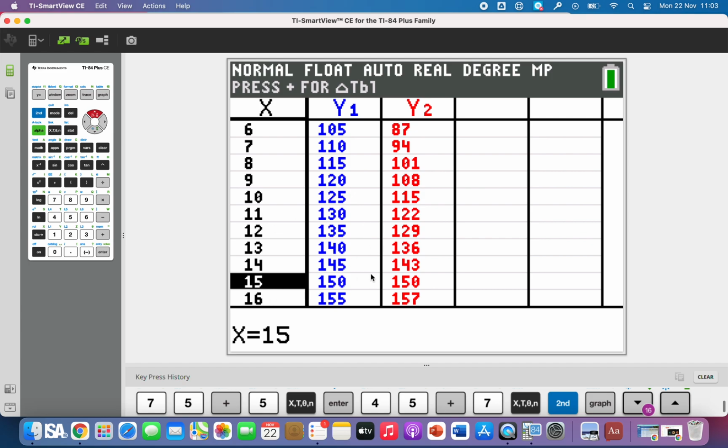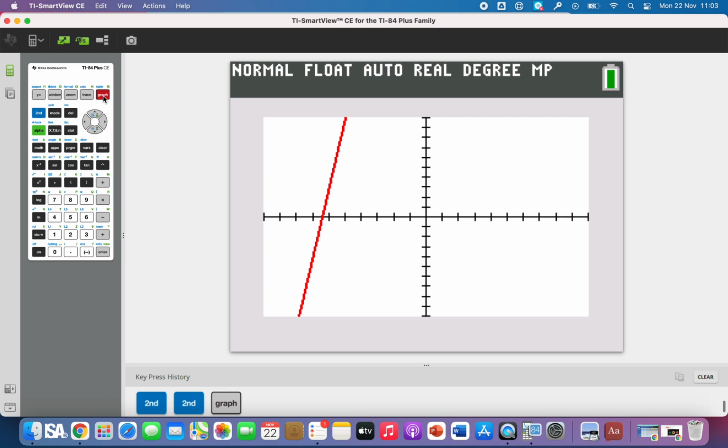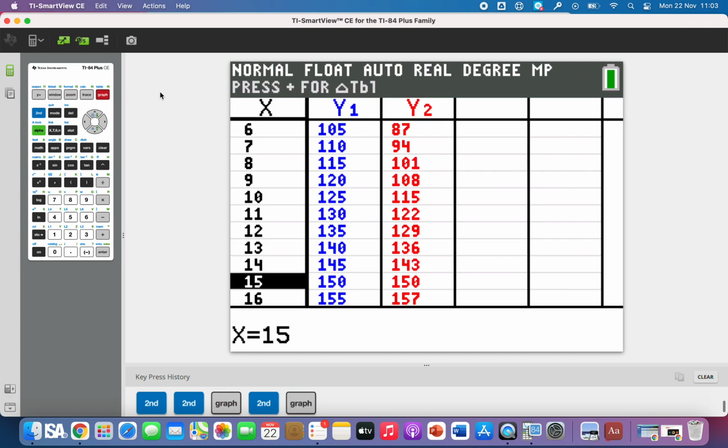Now, how can we see this particular information using the graph? So simply go to graph. You don't need to do a second, because if you go second and graph, you go to the table. So you simply hit graph.